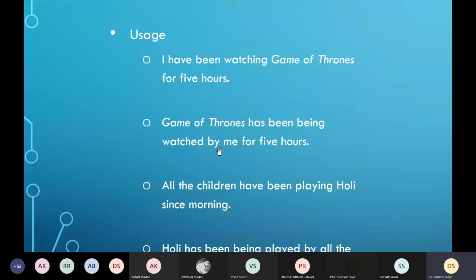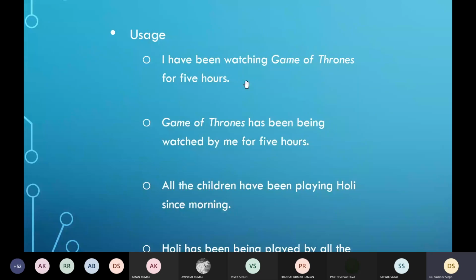When we convert it into passive voice, then Game of Thrones will be placed in the position of the subject because one series is being talked about. So this is singular. That's why has is used rather than have. Then we will use the been, which is already there in the first sentence. And then we will add being, which again shows the continuity.